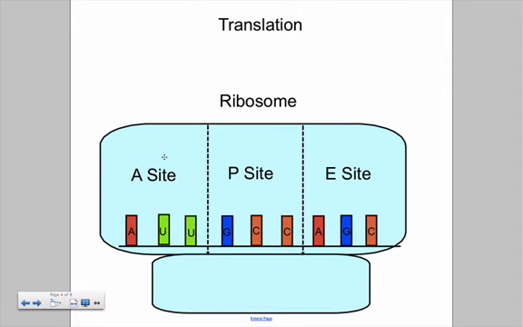The A site is where it goes in first, then the P site, then the E site. The way I remember these is that A is where the tRNA is accepted, P site is where the protein is made, and the E site is where it exits. So accepted, protein, exit. That's how I remember A site, P site, E site.